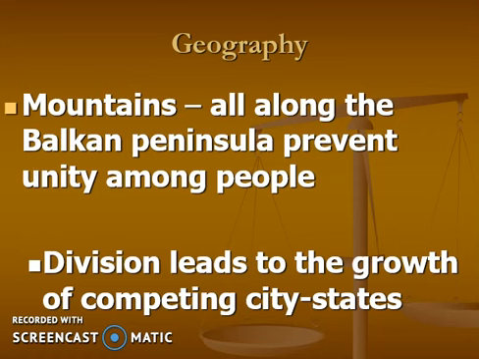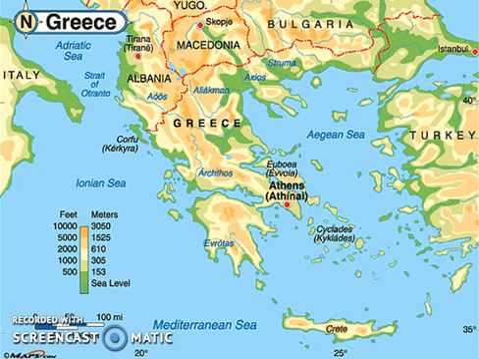So why were people divided into different city-states in Greece? It's because of the mountains. If you take a look at this map, this is a map that shows you the mountain ranges in Greece. So the green, if you take a look at the key here, is what's at sea level. And then the darker brown or tan color is going to show you how far up the mountains go.